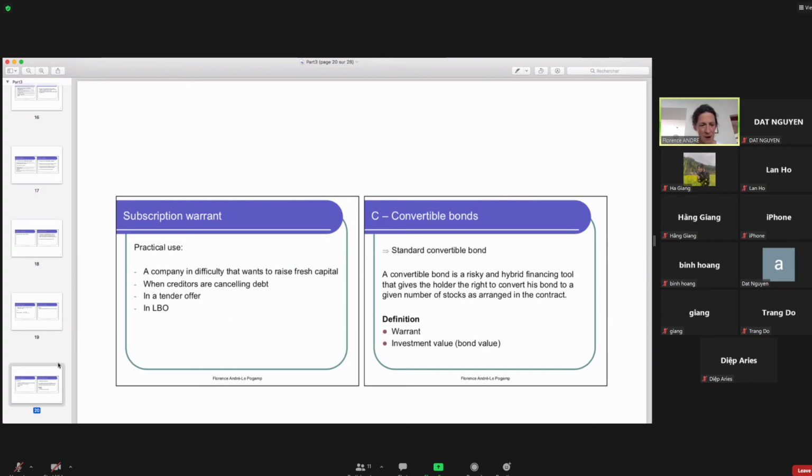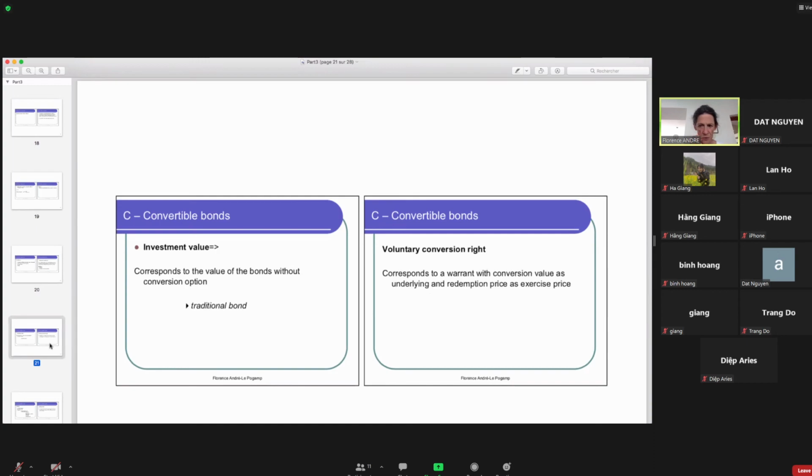And in fact the underlying is alpha S, the number of stocks that is indicated in the contract.